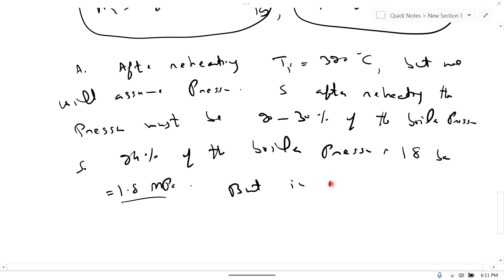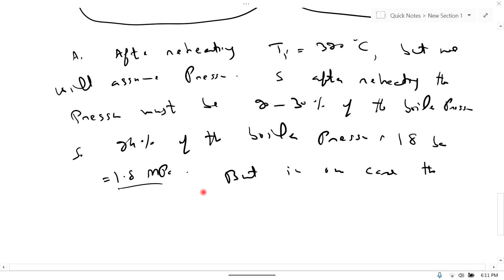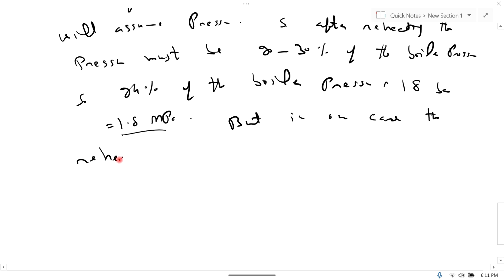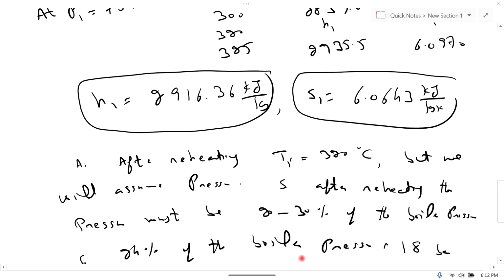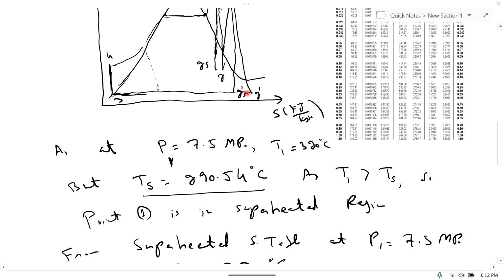But in our case, the reheat pressure is also the bleed pressure in our problem. Bleed means exit of the turbine. So this is the bleed pressure, at this position here.